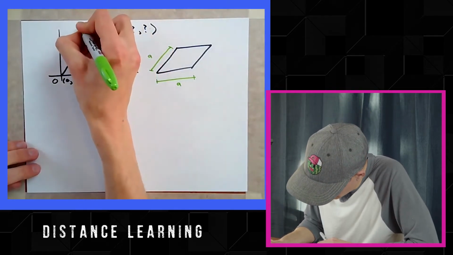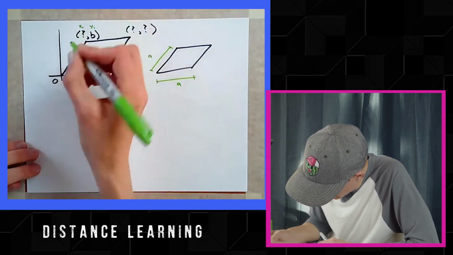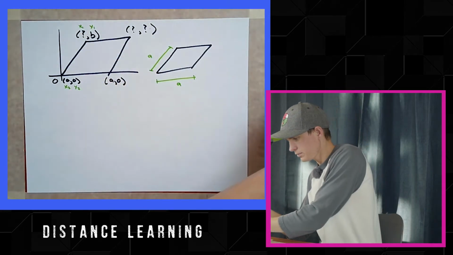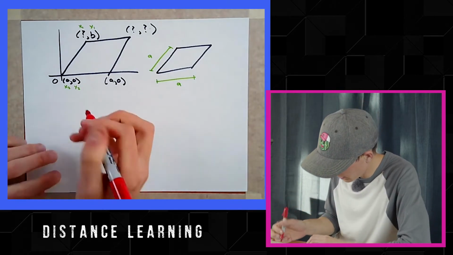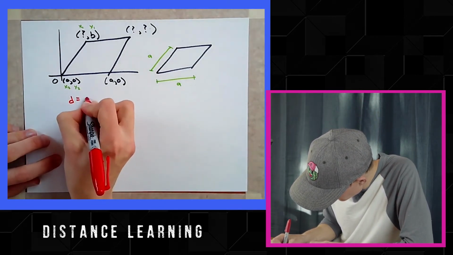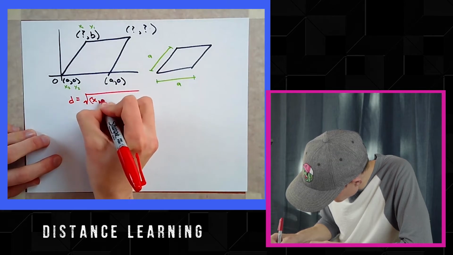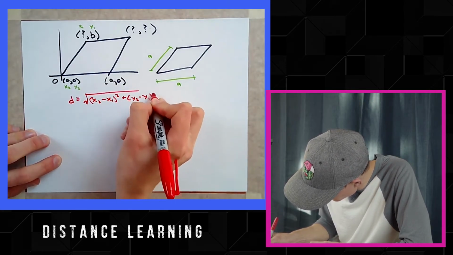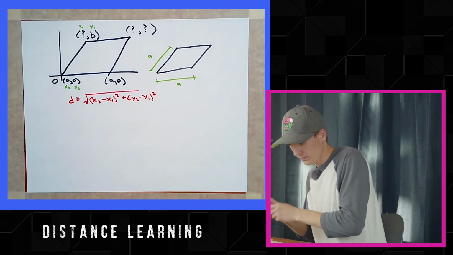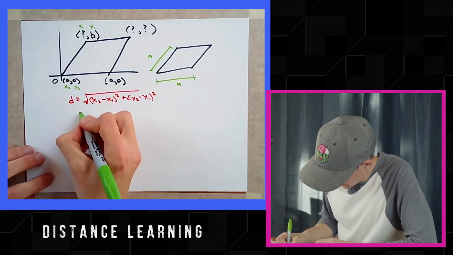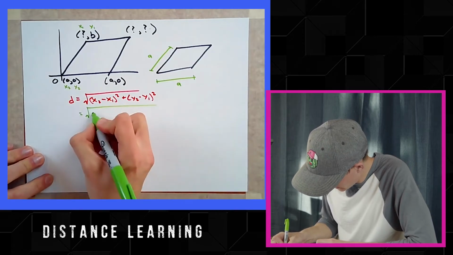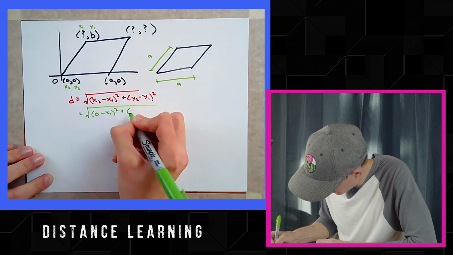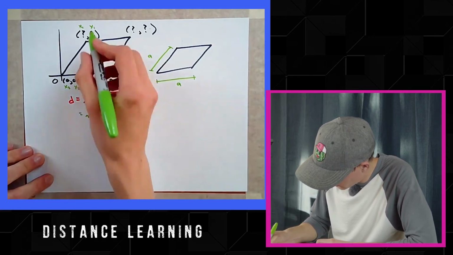So if I call this x1, y1, x2, y2, using the distance formula, x2 minus x1 squared plus y2 minus y1 squared, you're going to get x2, 0, minus x1 squared plus y2, 0, minus y1 squared.